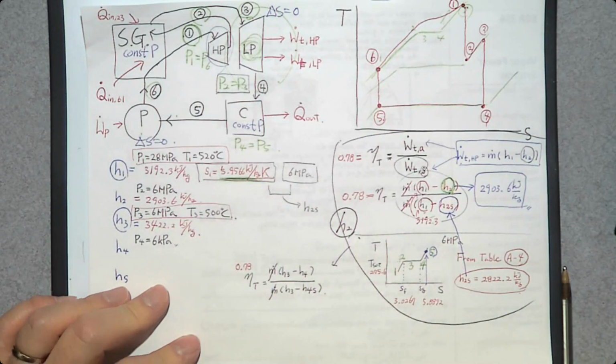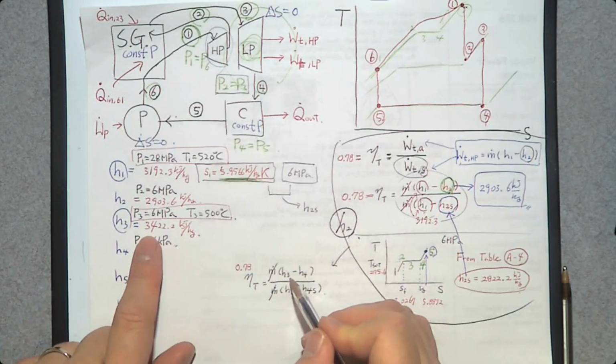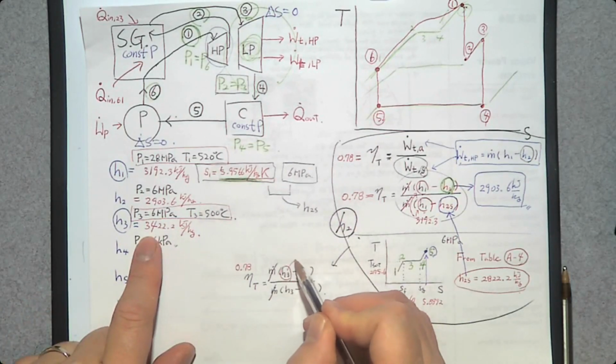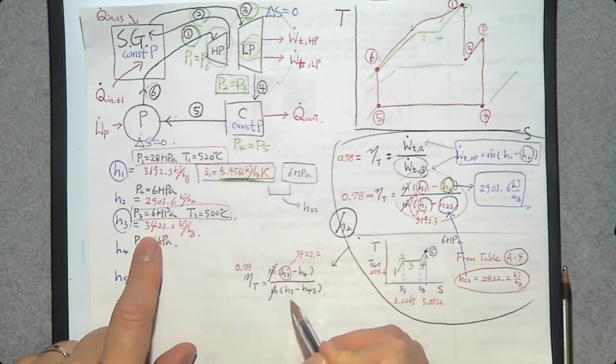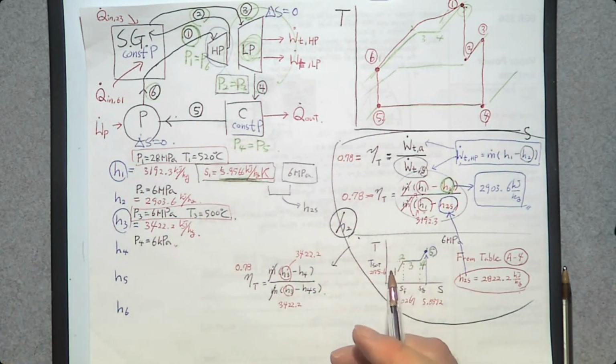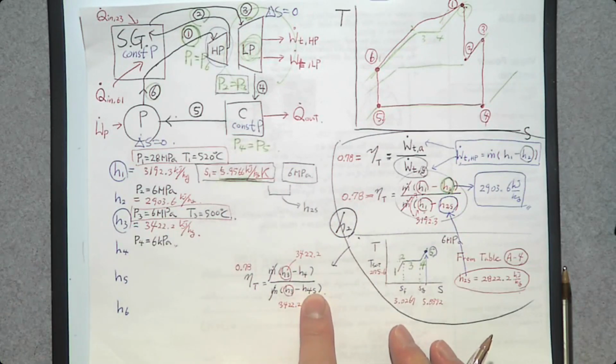So from this equation, we already know h3, which is 3,422.2. So this one is also 3,422.2. We just need to determine what? h4s, assuming an isentropic process. So let's do that.